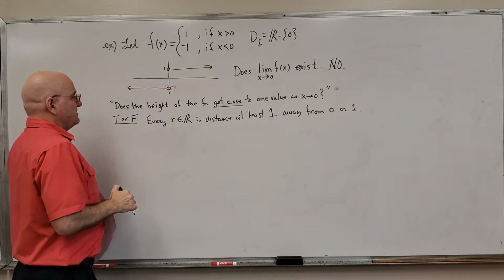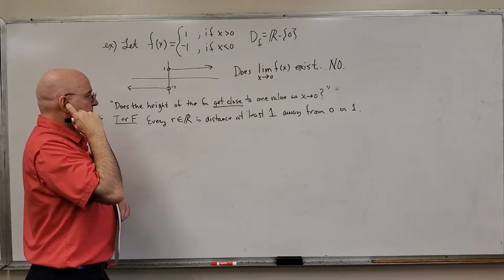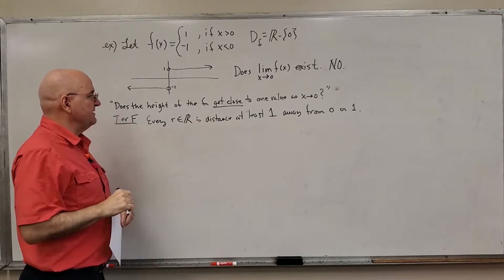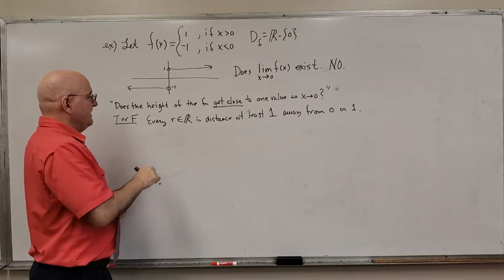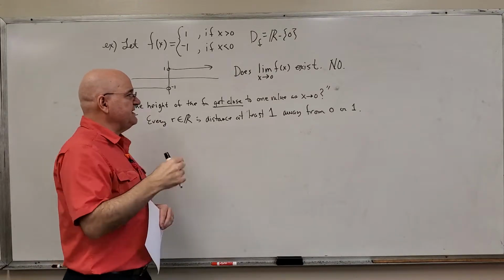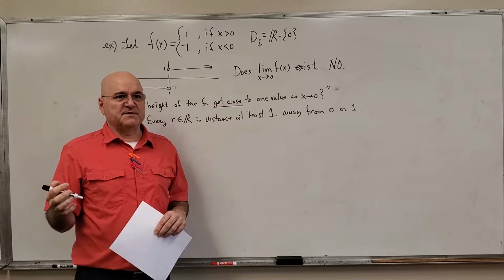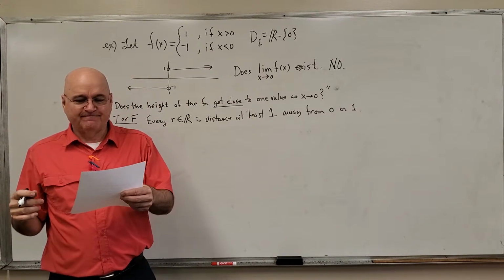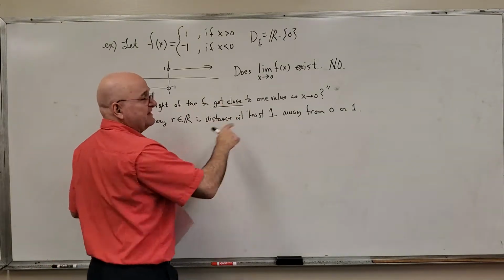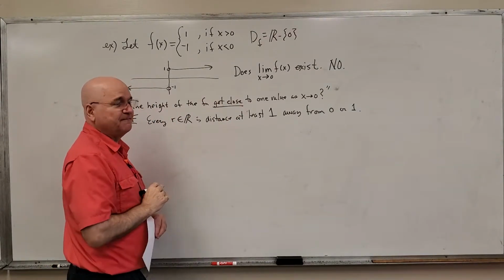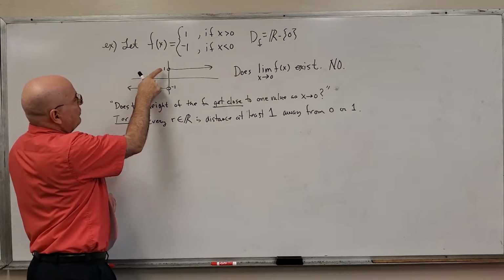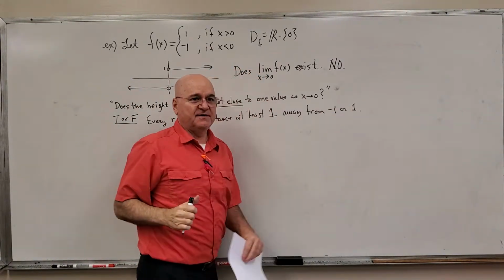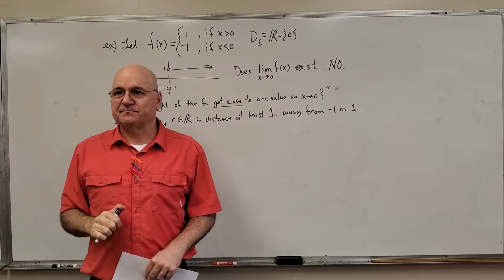I guess I didn't even need to specify r since I didn't use it later in the sentence. Every real number is distance at least 1 away from 0 or 1. Is that true? Sorry, that's not true. Let me make it true. I intended it to be 1 or -1.